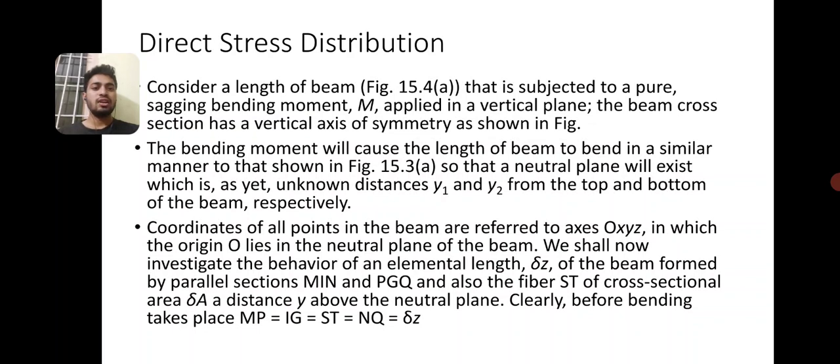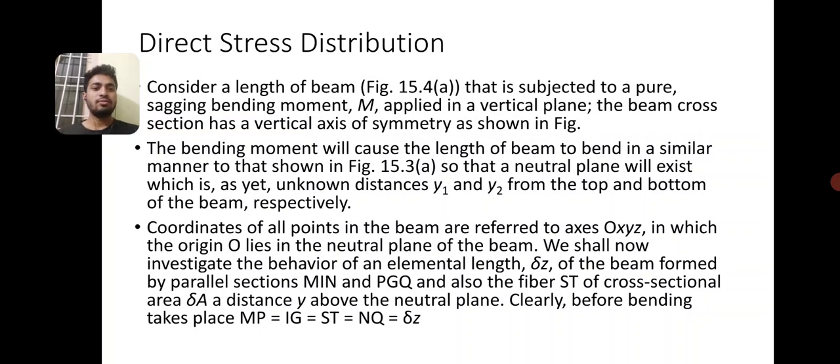We shall now investigate the behavior of an elemental length delta Z of the beam formed by parallel sections MIN and PGQ, and also the fiber ST of cross sectional area delta A at distance y above the neutral plane.